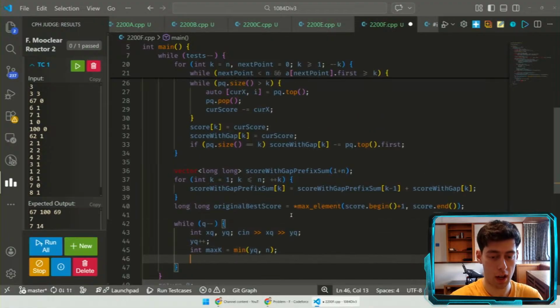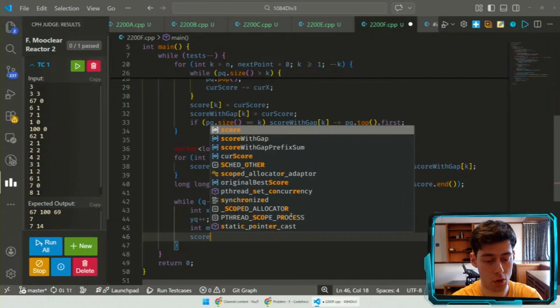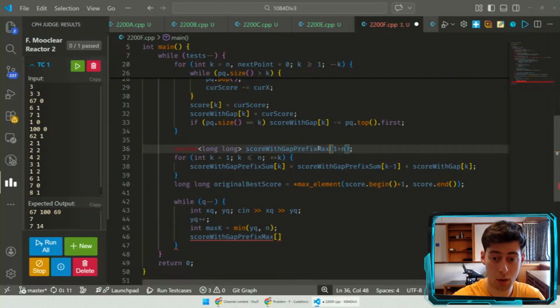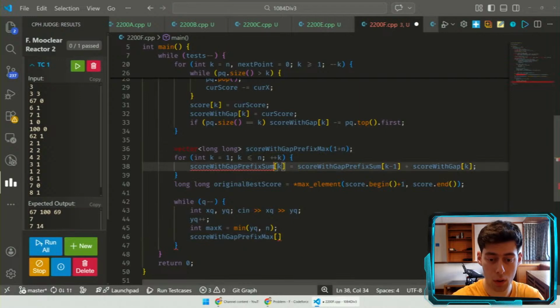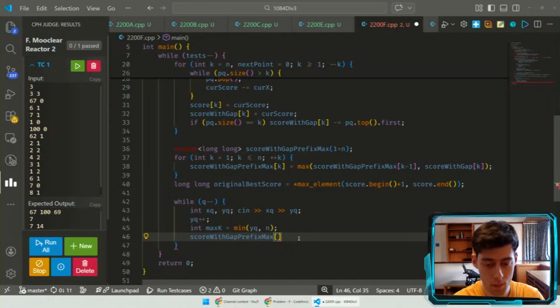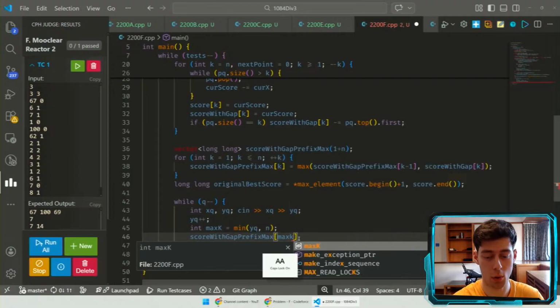So that's max k. And then I need to do score with gap prefix sum, prefix max, and prefix max of this. I need to take the max with k, with max of this k.